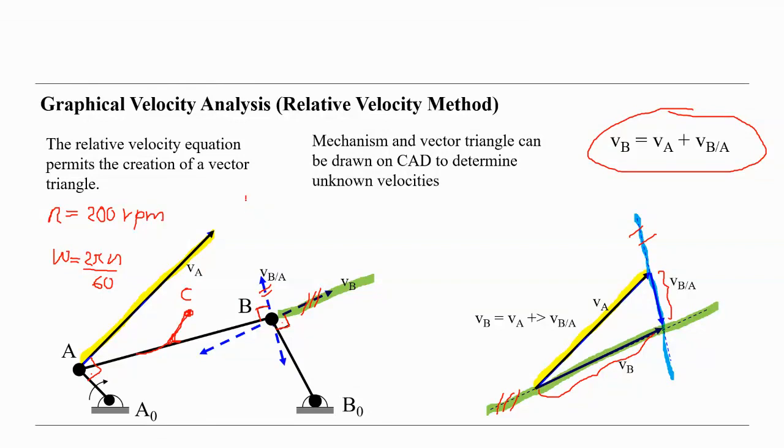So omega is equal to 2 times 3.14 times 200 over 60.